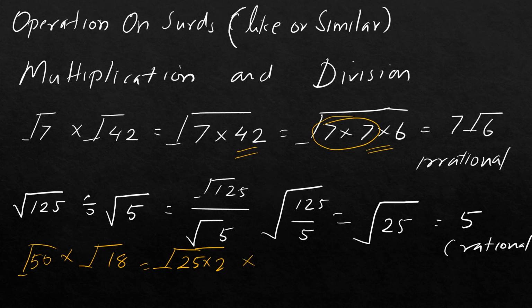And 18 can be written as 9 into 2, and we can further write 5 root 2 into 3 root 2, correct? Interestingly, 5 3s are 15. Root 2 into root 2 is 2. Naturally, the answer is 30, which is a simple rational number. So ultimately, we have to say that the answer can be rational or irrational depending upon the numbers. Okay.